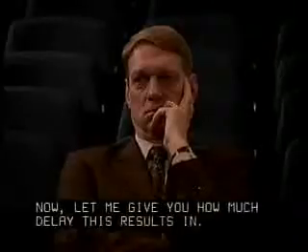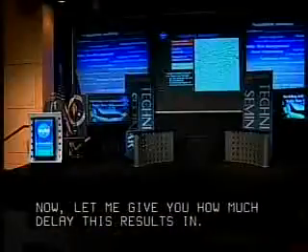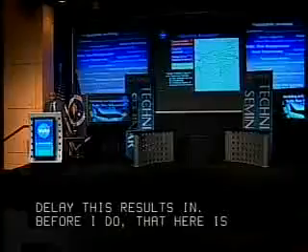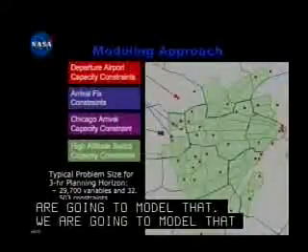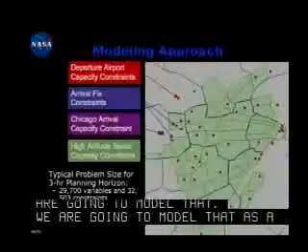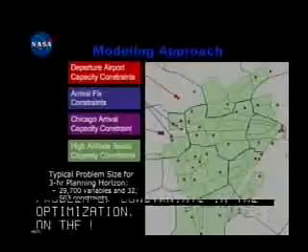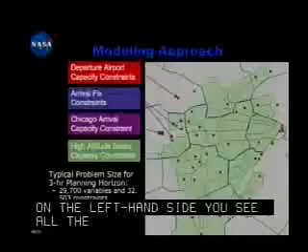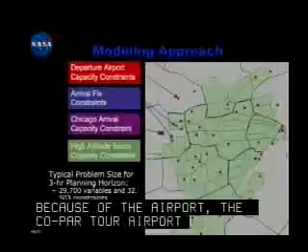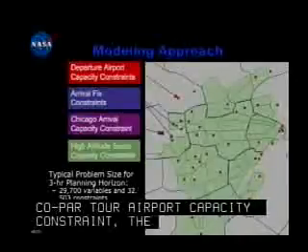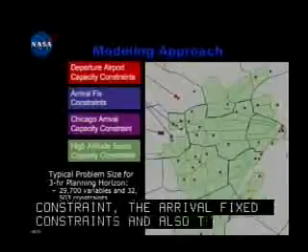Before I do that, here is how we are going to model that. We are going to model that as a problem of constraints in the optimization. On the left-hand side, you see all the constraints which are because of the airport: the departure airport capacity constraint, the arrival fix constraints, and also the Chicago arrival capacity constraint.